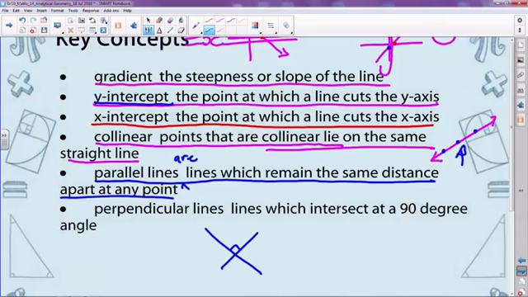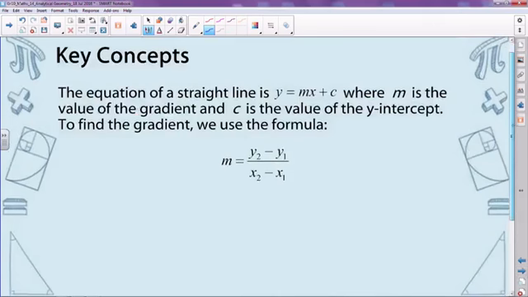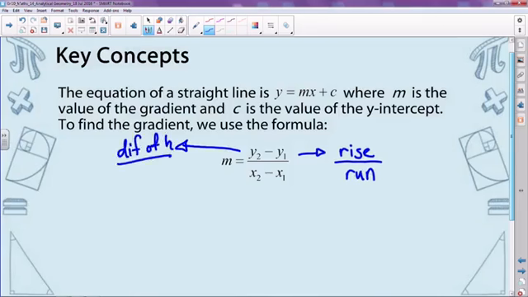Okay, so let's go to our first equation, which is the gradient equation. Remember, you might have heard it as rise over run. I talk about it as being the difference in height over the difference in length, I suppose. But really, it's the change in the y value over the change in the x value.